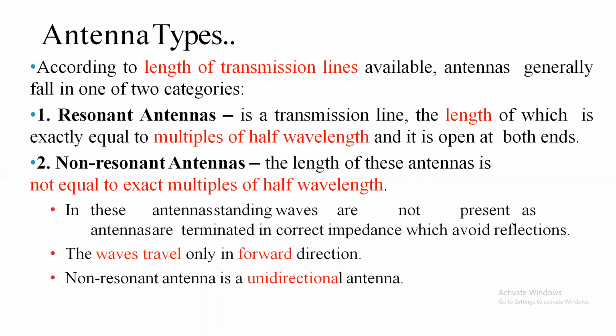Whereas in non-resonant antennas, the length of the antenna is not exactly equal to multiples of half wavelength. That means there is no need for the length of the antenna to be multiples of the half wavelength, right?